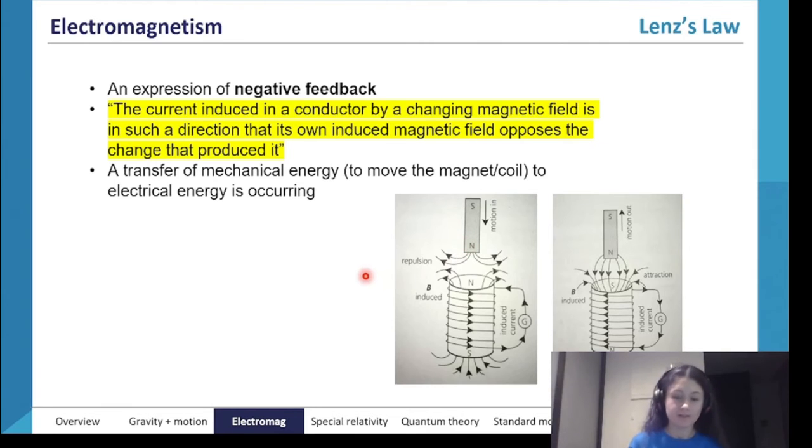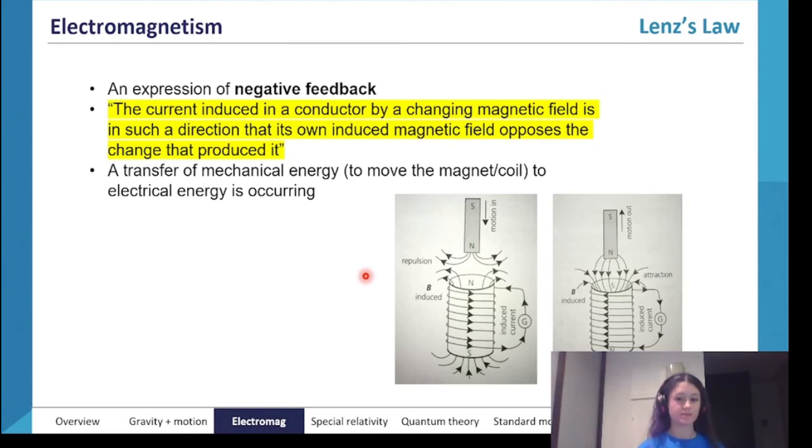Now, the reason that this occurs, as I said before, is the law of conservation of energy. So think about this. If you moved your magnet into the solenoid, and it induced a current that pulled your magnet in, so you're standing there next to the solenoid, you have your magnet, and your solenoid is pulling the magnet in, right?